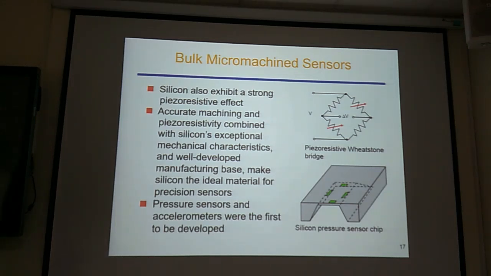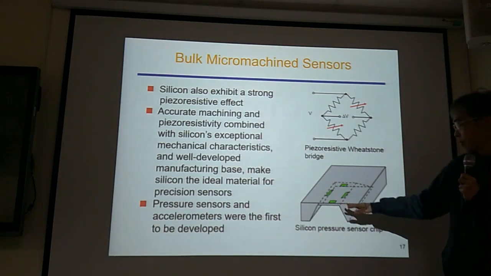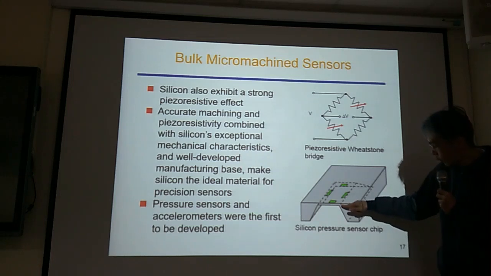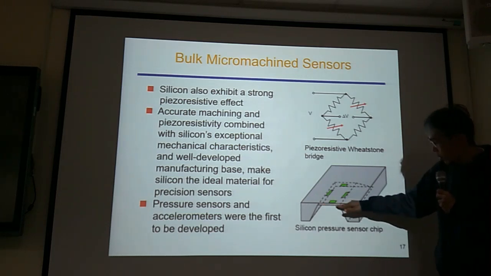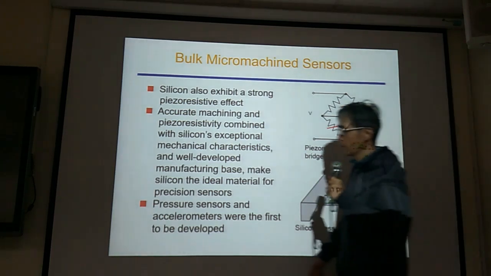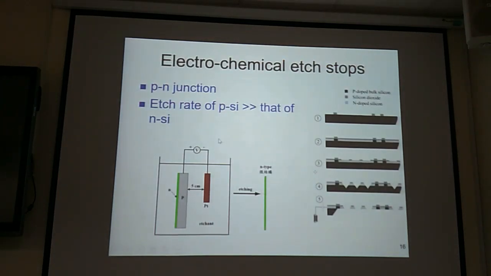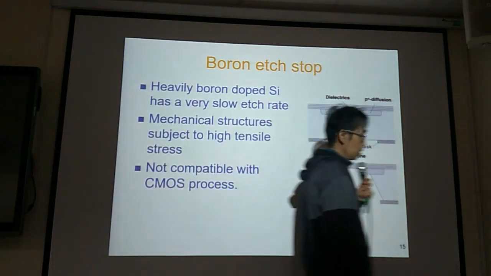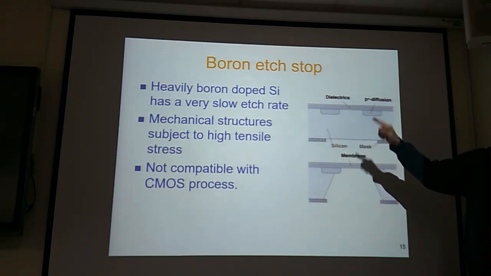So using this technique, we can create a pressure sensor. Then we can etch from the bottom, and this is the 111 plane, this is the 111 plane. We etch from the bottom and stop here. If we put boron inside the silicon, the etching rate is very slow.